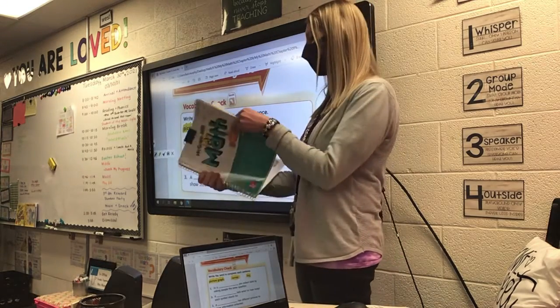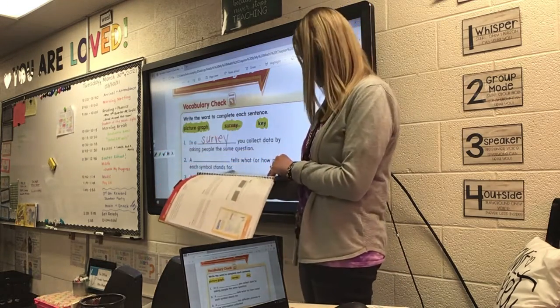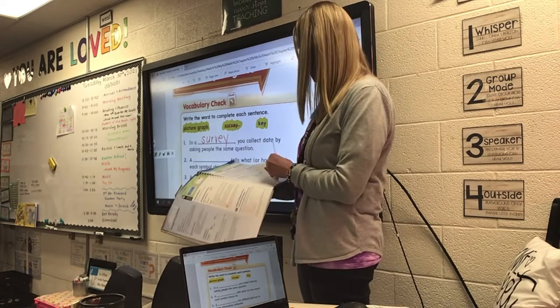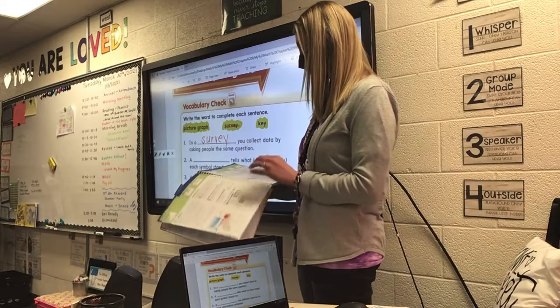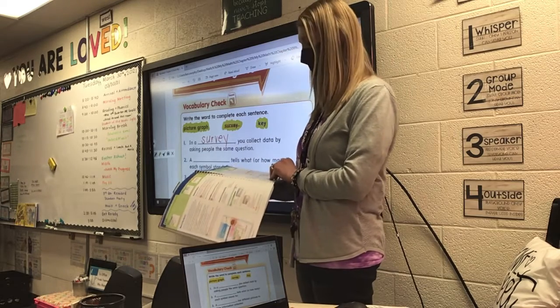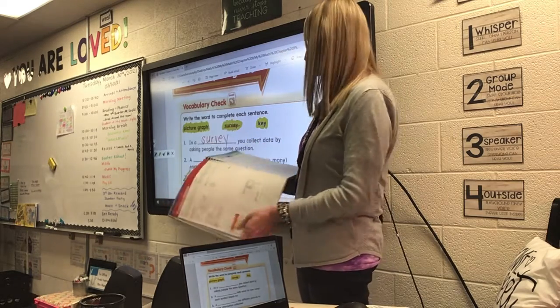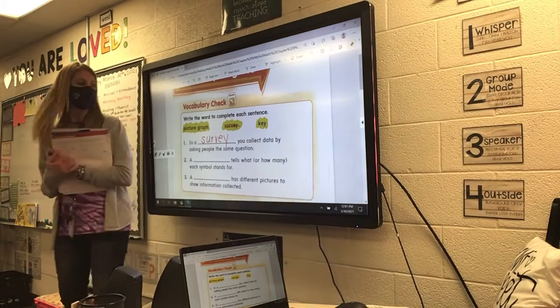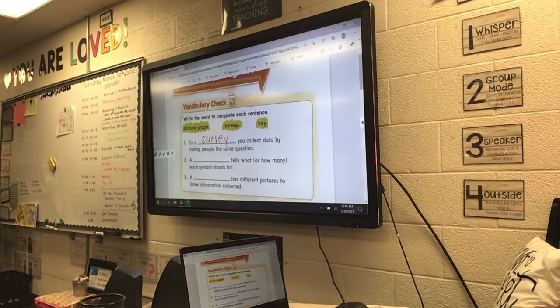Read number 2 really loud, Libby. A blank tells what or how many each symbol stands for. Okay, what do you think that is, Libby? When it tells us how many each symbol stands for, what is that?